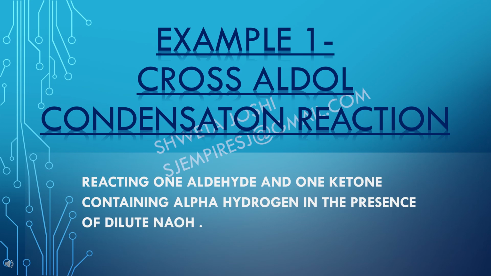In this case, alpha hydrogen atom from ketone will migrate to the oxygen atom of the carbonyl group present in the ethanol molecule, giving rise to condensation product, which will easily lose water molecule, forming alpha beta unsaturated stable product.